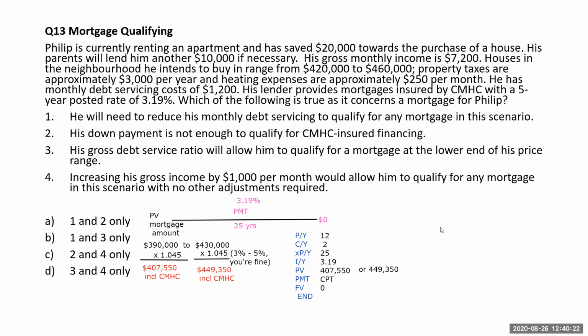Very good. That's a universal truth. Right? At least in Canada, it's universal. All right. And 0 future value. And we're going to compute payment. And I get 1969.